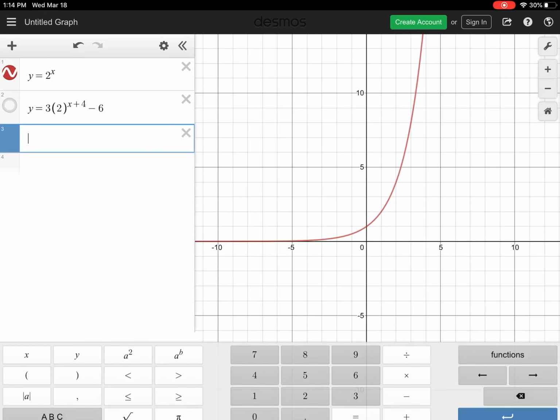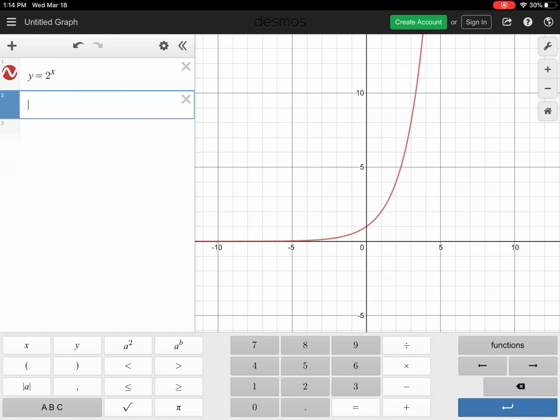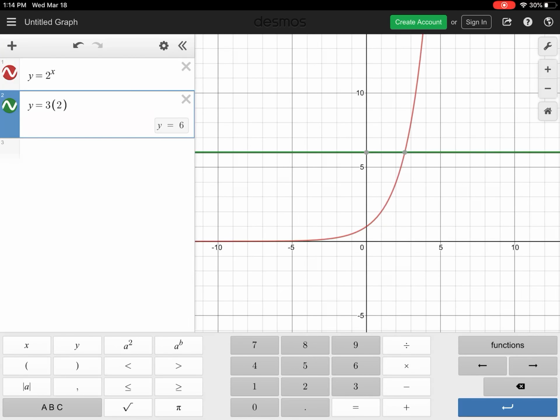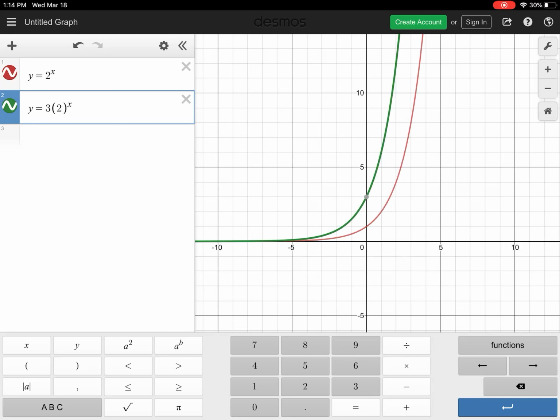Let's say I add a stretch to that. So y equals 3 times 2 to the x. See how it gets a little more narrow. It's going up at a faster rate.